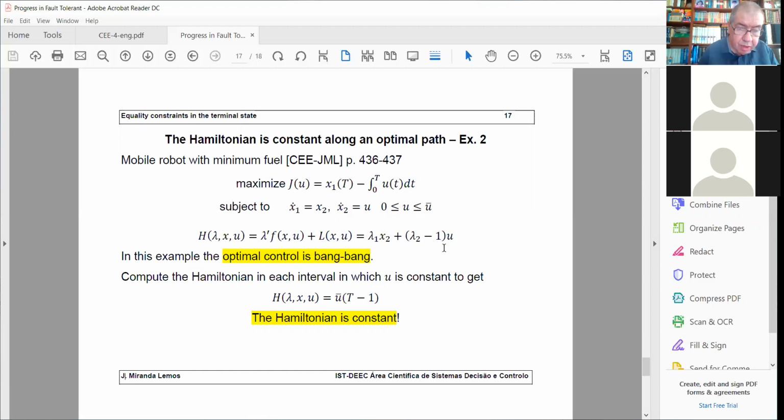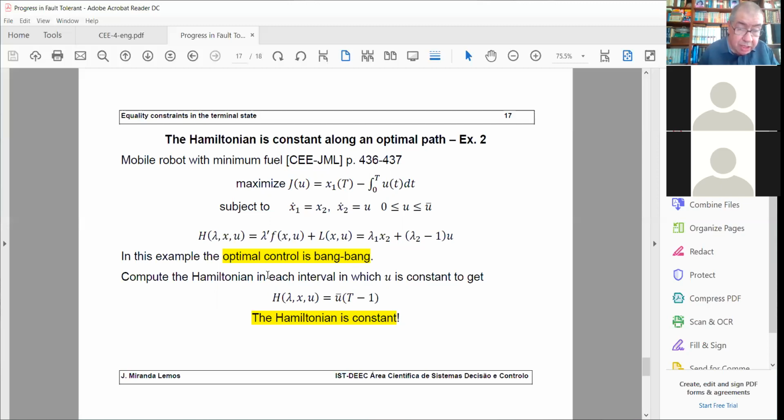And so this results in a linear Hamiltonian. And again, there is a switch on u in this case. The solution is bang-bang. I don't have everything here, not to obscure your view of the slide, but you can go back to the example that we have solved in the beginning of the Pontryagin principle study, and you can compute.